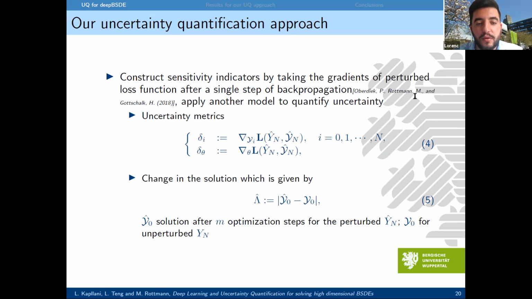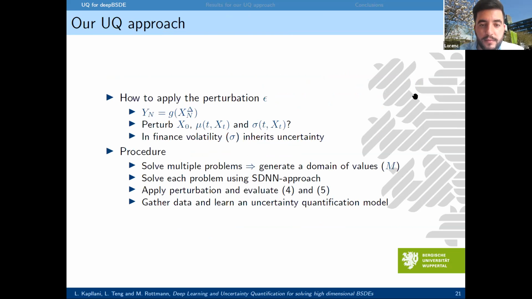After we gather all of these sensitivity indicators, we apply another model, for example a linear model or a nonlinear model, depending on the relationship, to quantify this uncertainty. But now the question that arises is how to apply this perturbation to the terminal condition.